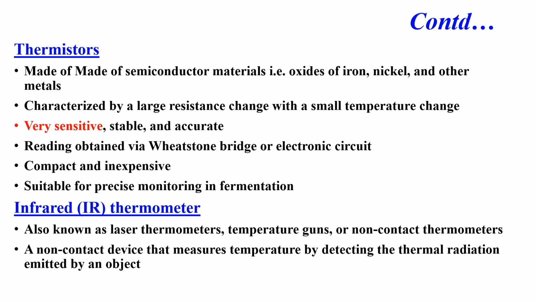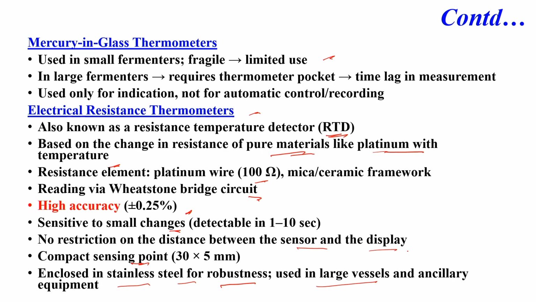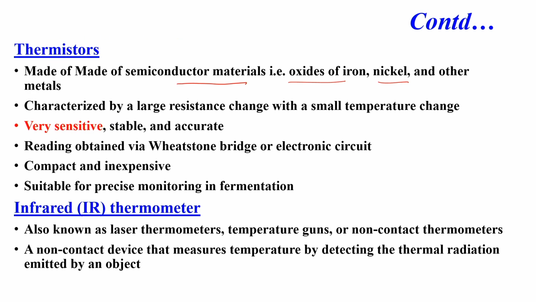Next important one is the thermistors. These are made of semiconductor materials, for example, oxides of iron, nickel and other metals, while RTDs are made of pure materials like platinum. They are characterized by a large resistance change over a small temperature change.